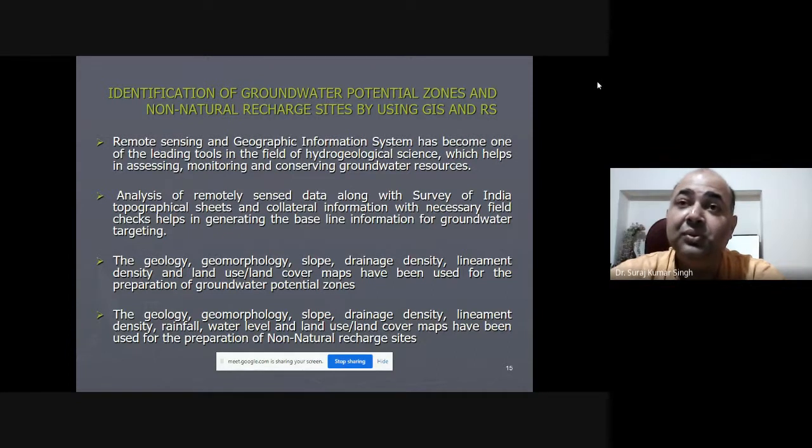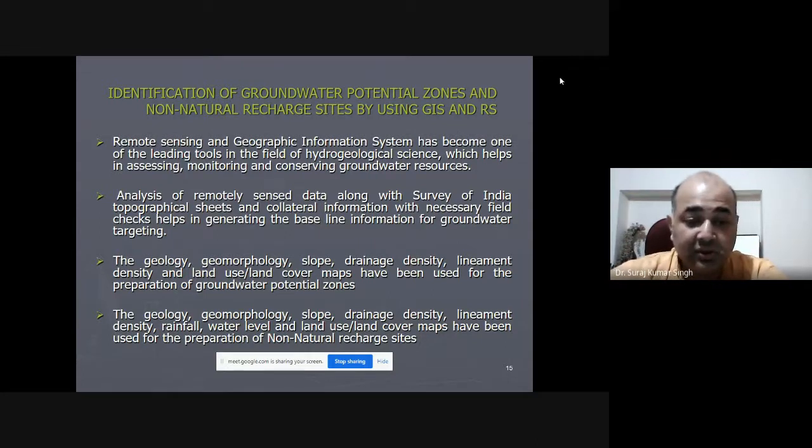The biggest beauty of this GIS technique is that all these thematic layers, whether geology or geomorphology, are independent in nature. But in GIS, we overlay each and every layer with each other to come to a final conclusion about the areas where we can go for the groundwater potential zone.